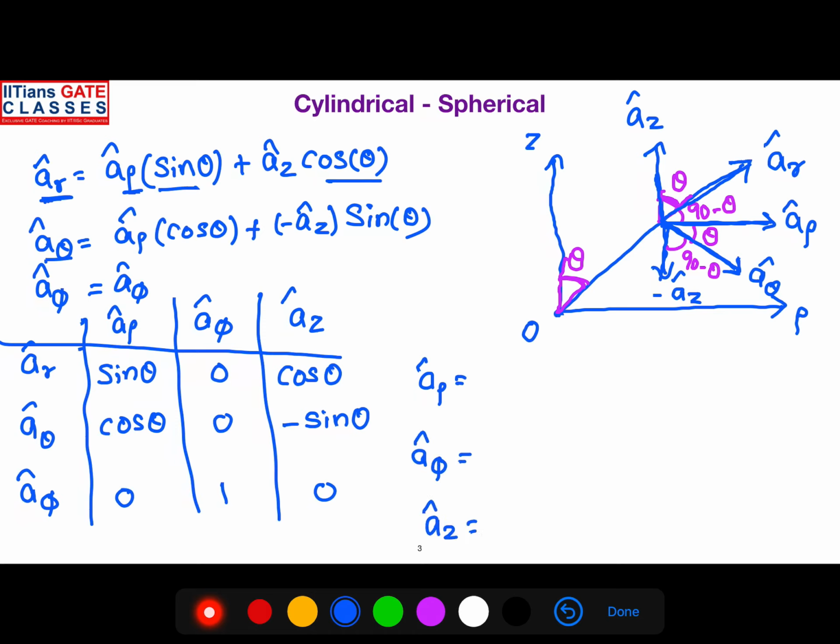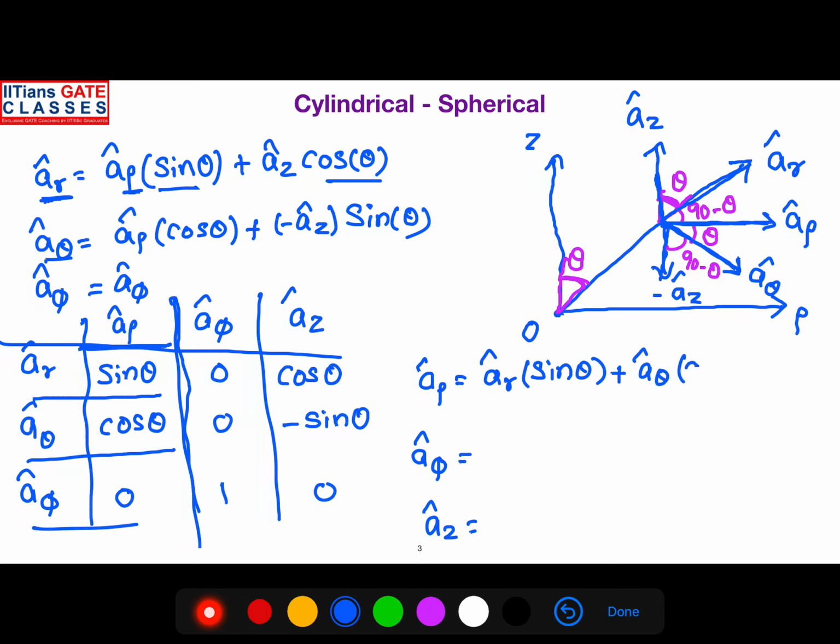So you can see here, if you want to write a rho coefficient, you can go vertically, which means AR into sin theta plus a theta into cos theta plus a phi into 0. So a rho cap can be written as AR into sin theta plus a theta into cos theta plus there is no phi component. Similarly, a phi can be written as AR into 0, a theta into 0 and a phi into 1.